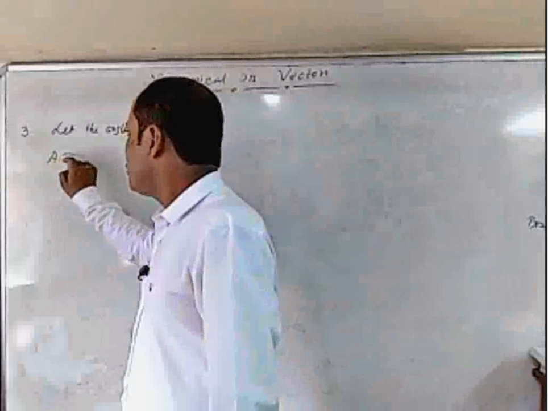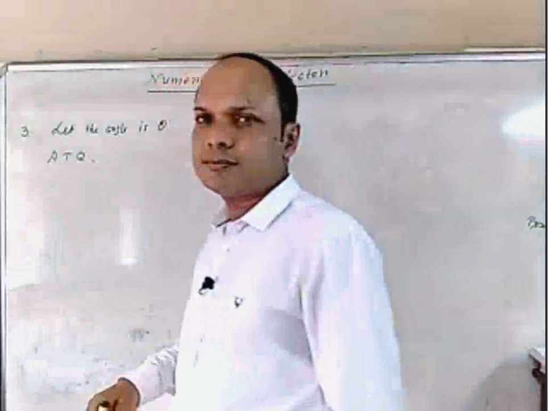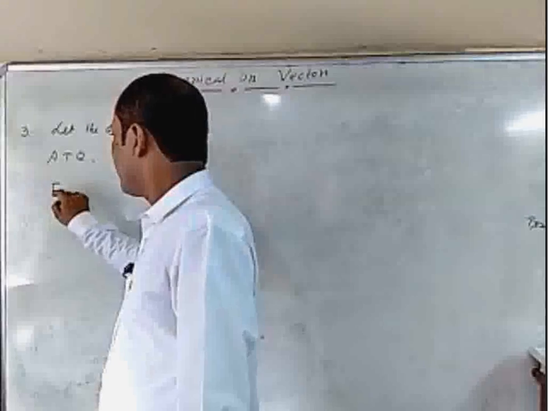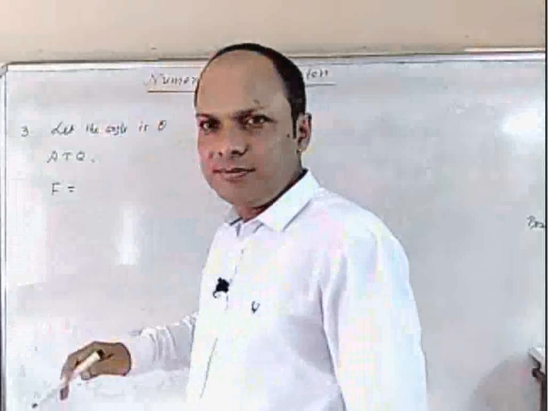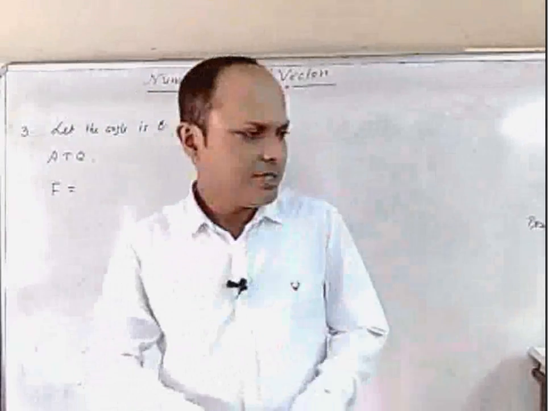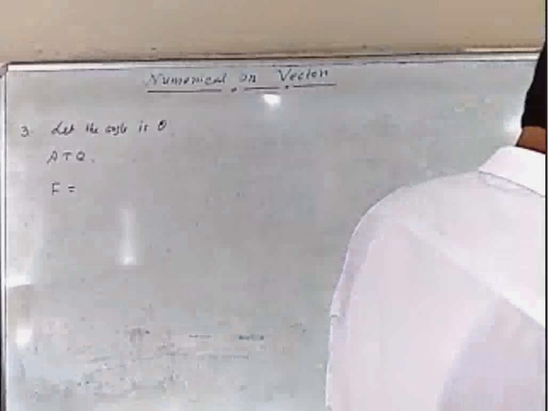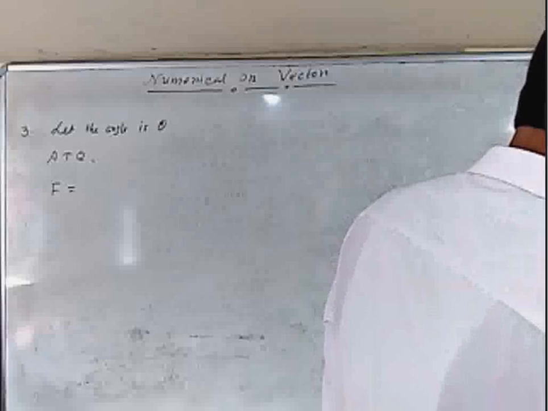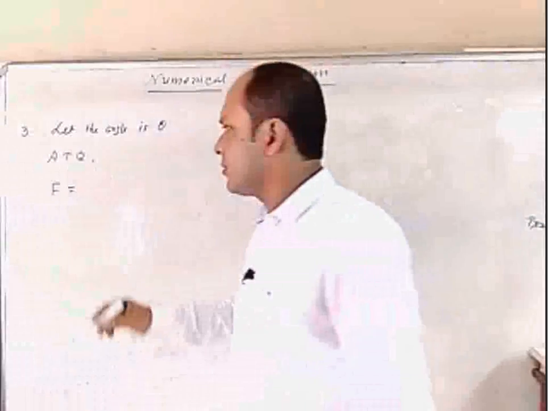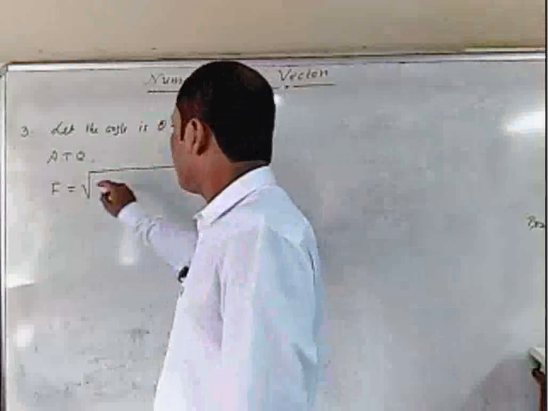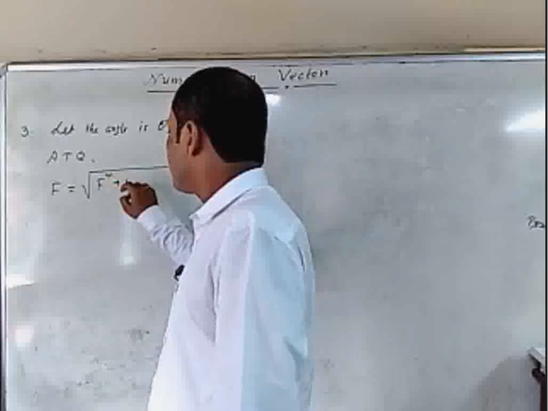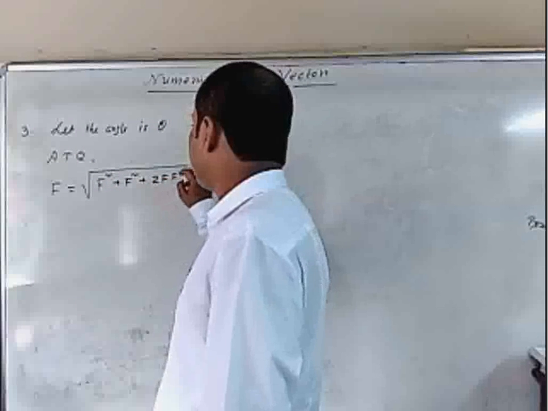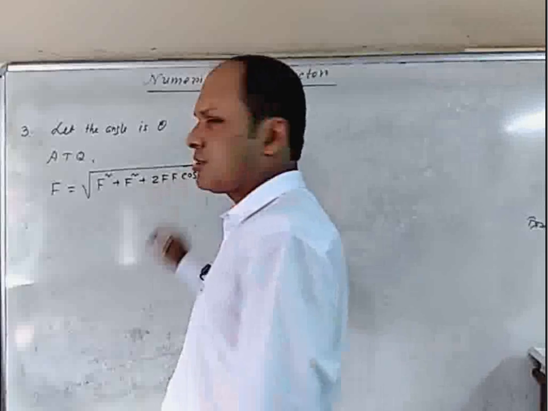According to question, this is the resultant, and it is equal to the square root of F square plus F square plus 2 F F cos theta.